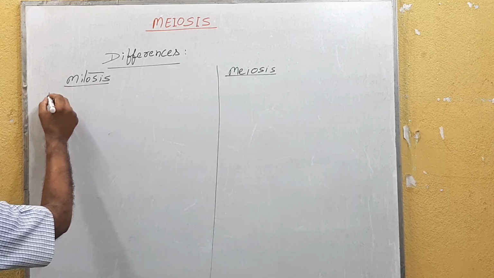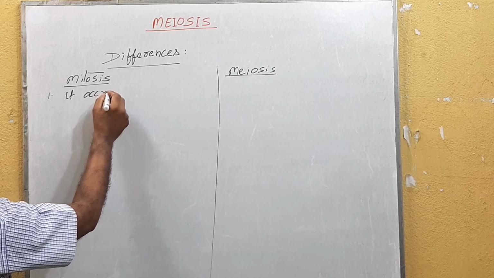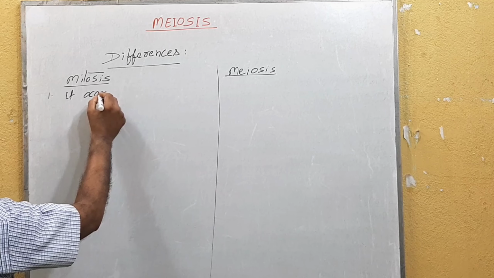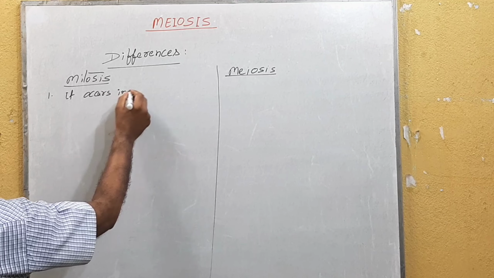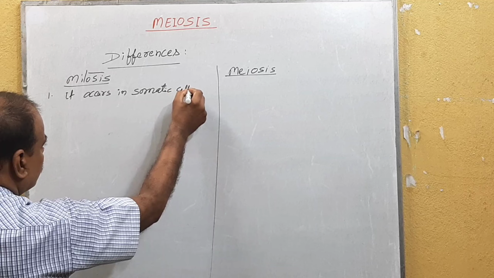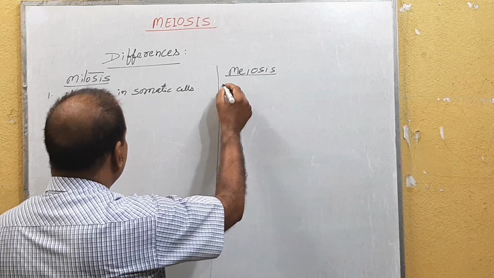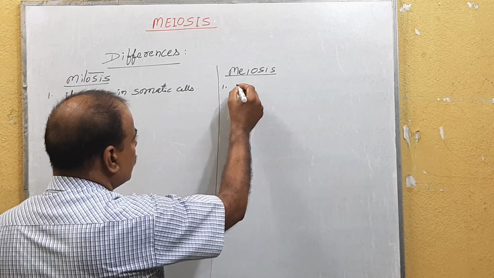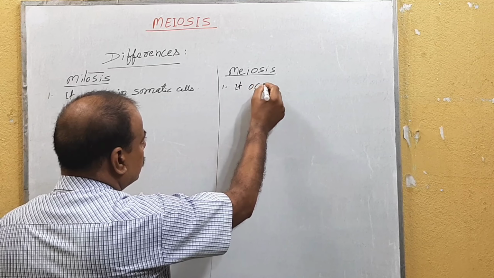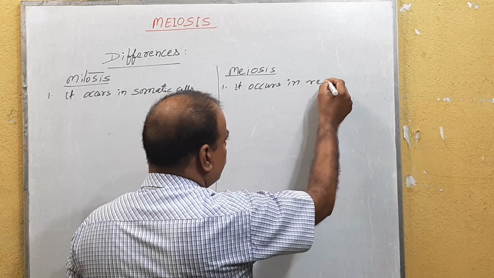Number one, mitosis occurs in somatic cells, which are also known as body cells, whereas meiosis occurs in reproductive cells.